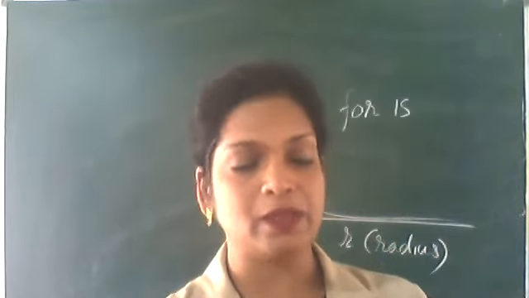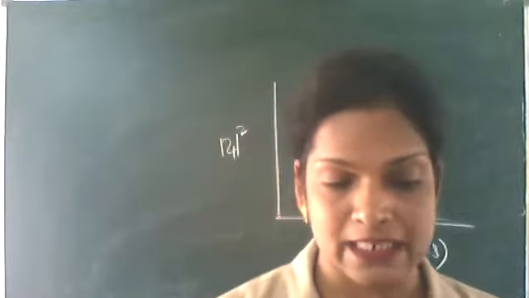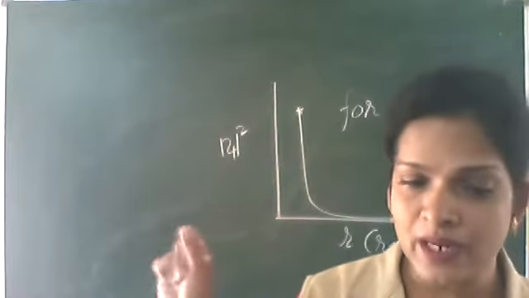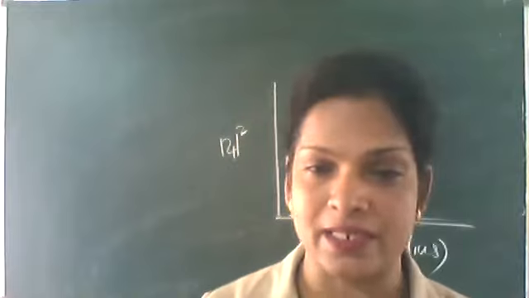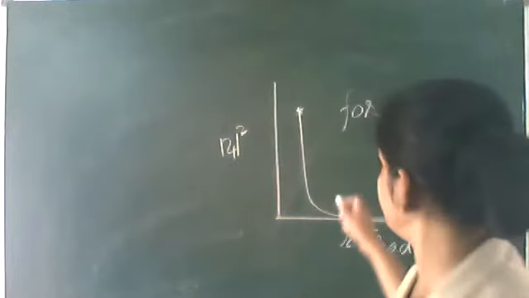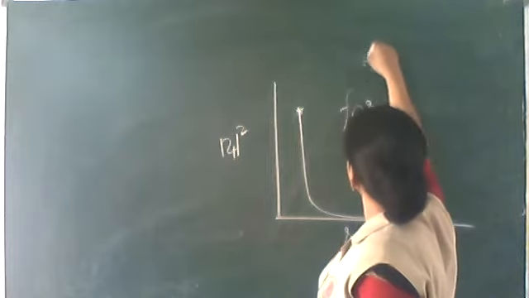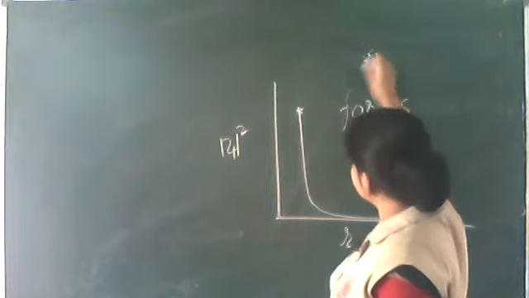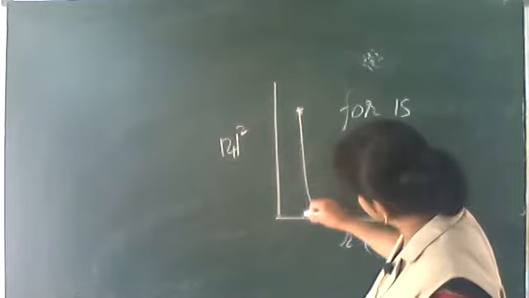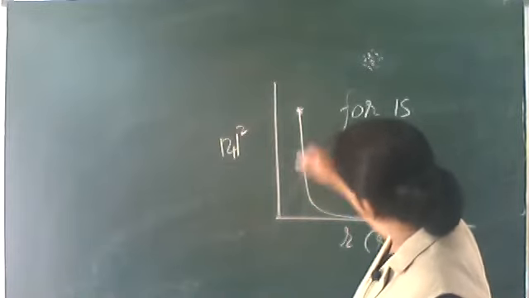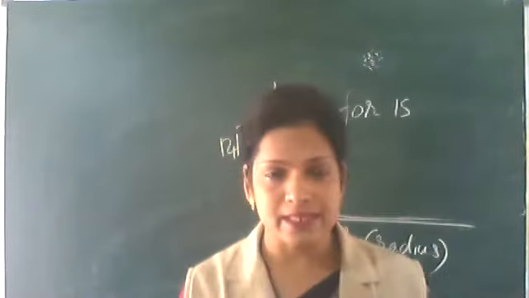Here, the boundary surface diagram for that 1s is what we have shown like this. It means at this distance you get that 1s.